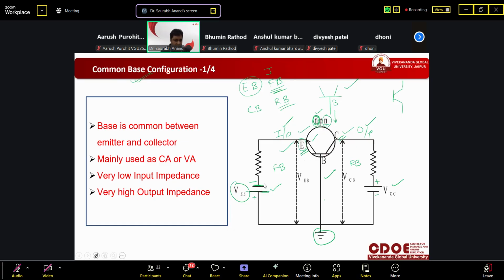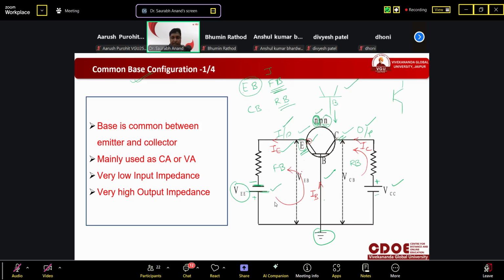I am just using another pen. The arrow is here, so the emitter current will be this. Positive is here, so current will flow in this direction. So IC will be this. IB will be in this direction.